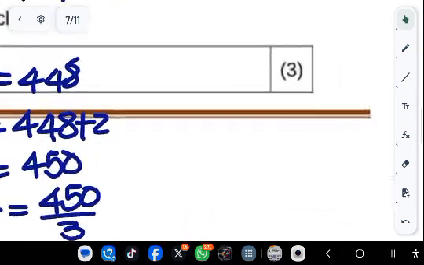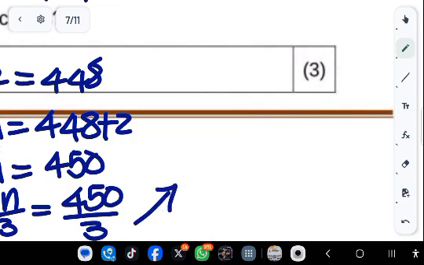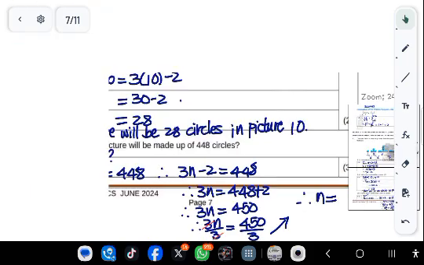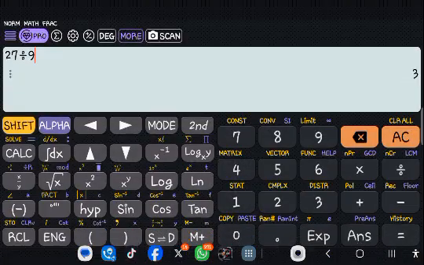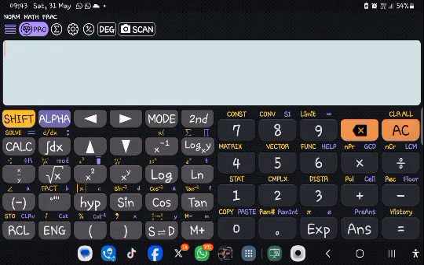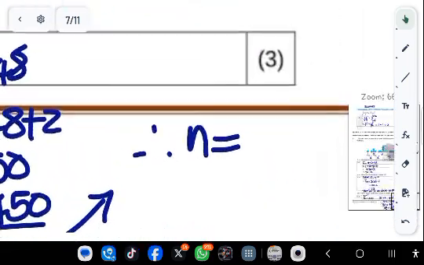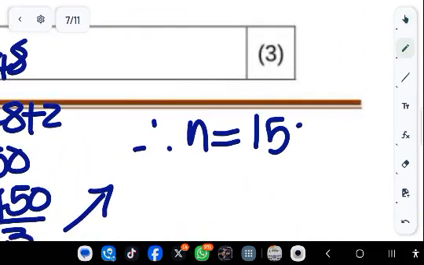Okay, therefore n equals, these 3's cancel out, and that leaves us 450 divided by 3. Let's take a look. Use a calculator. 450 divided by 3, and that gives you 150. So let's go back. Therefore n equals 150. What does this mean?